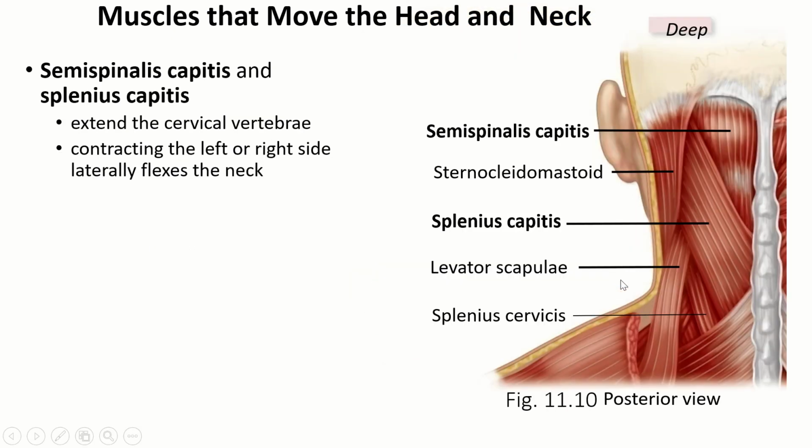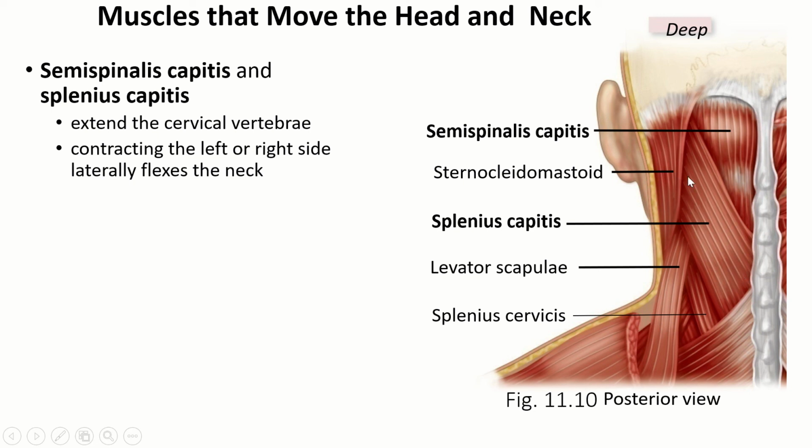All right, now two muscles that are big and also help to extend the neck, or laterally flex if you contract one side. These are deep to the trapezius, so we only see them when the trapezius has been pulled away, but we can see parts of them otherwise. These are the Semispinalis Capitis here and the Splenius Capitis here.